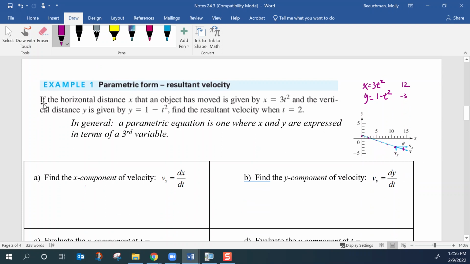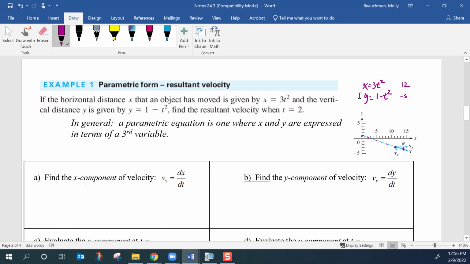If the horizontal distance x that an object is moved is given by x equals 3t squared, and the vertical distance y is given by 1 minus t squared, find the resultant velocity when t is equal to 2. So what does that function look like? You could think about substituting values for t, and that will give you values for x and y.